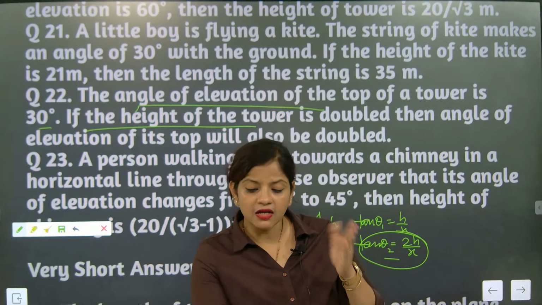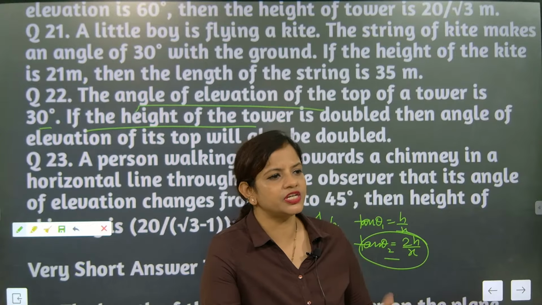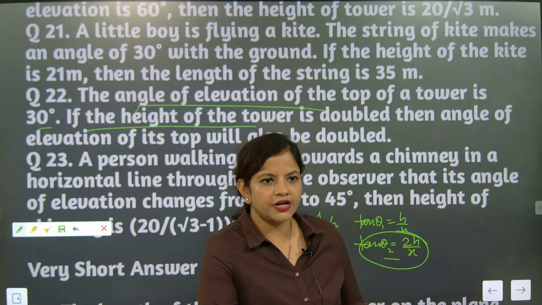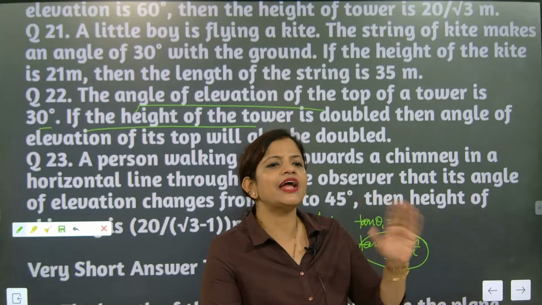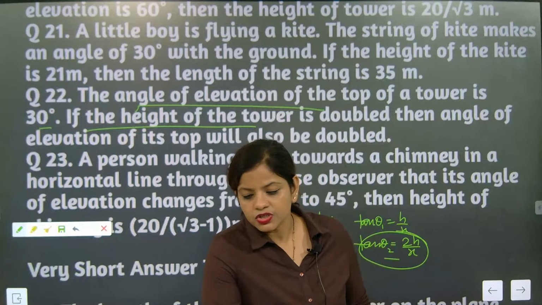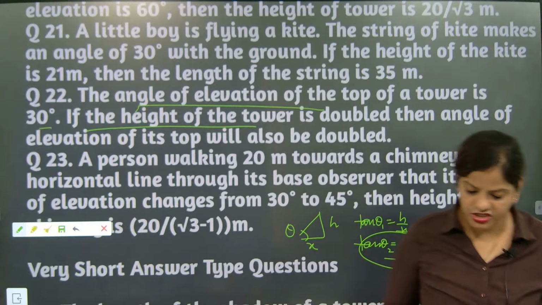See, how will the elevation angle be changed? Height will be doubled, which means the base will change. Understood or not? So, a change in height will change the base, but the angle remains the same. So, this is a false statement. You need to remember the statement is false.